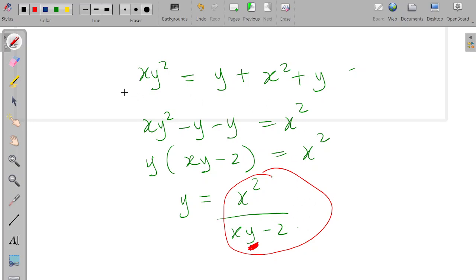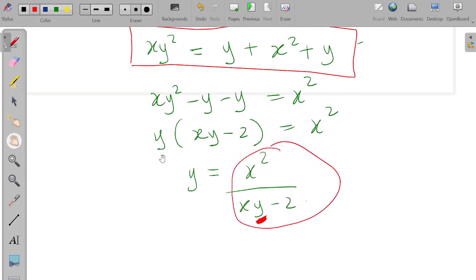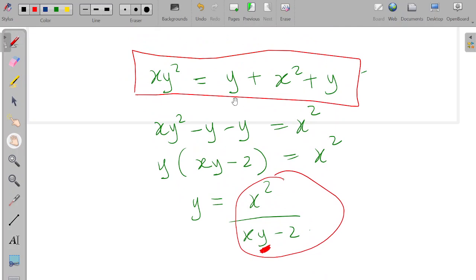So when you have such an equation and you want to derive, we use what we call implicit differentiation.